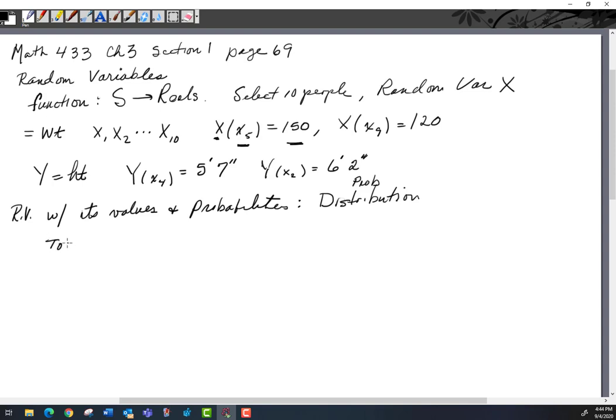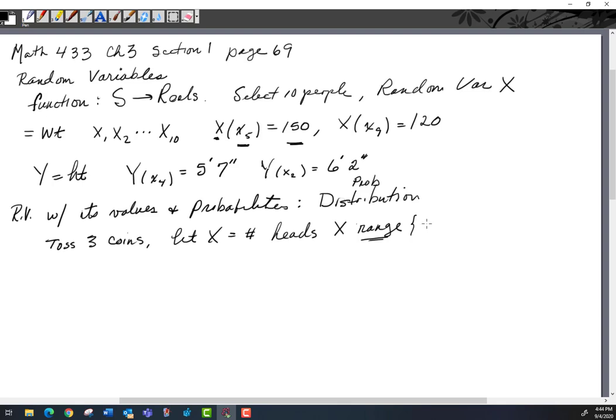We need an experiment. Let's toss 3 coins, and let's let x equal the number of heads. Then we often say x takes the values, but really this is the range using functional notation.